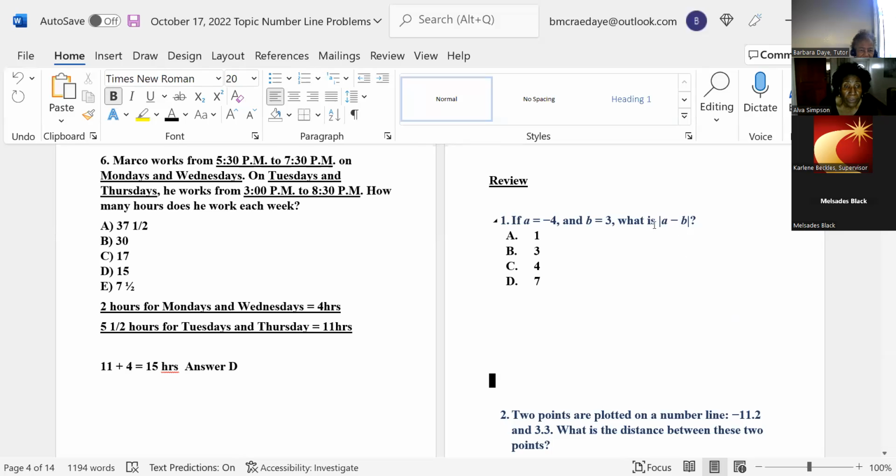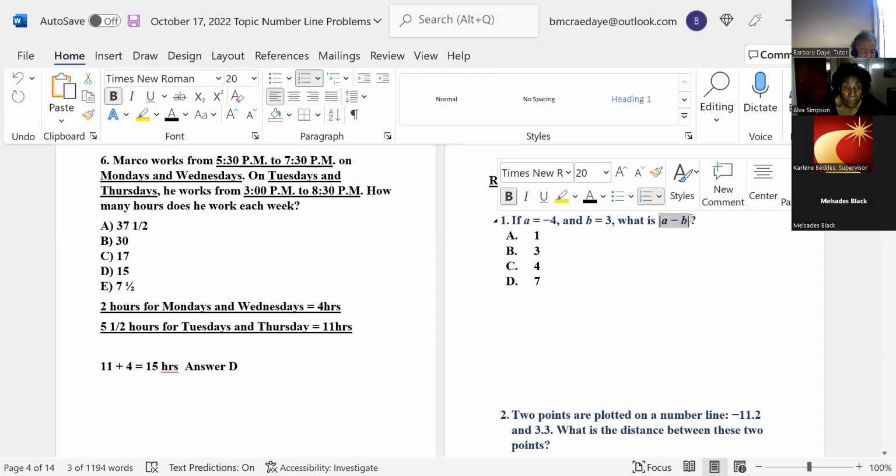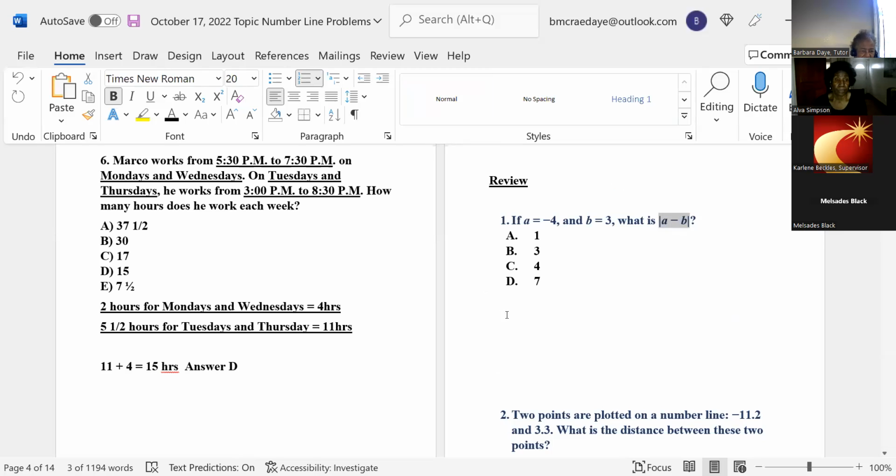That means you're going to take this absolute value and substitute in what A is and what B is. Okay, so let's put that there. Now, substitute, and what do you get? What is A? A is -4.